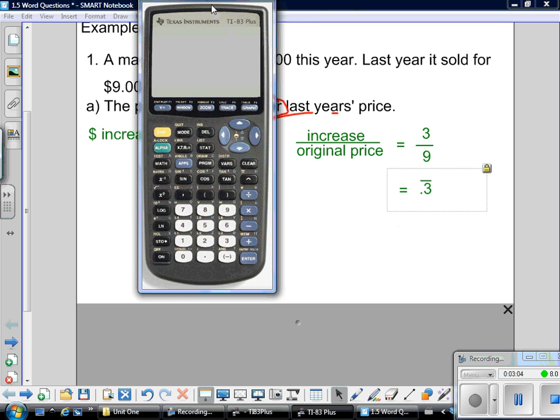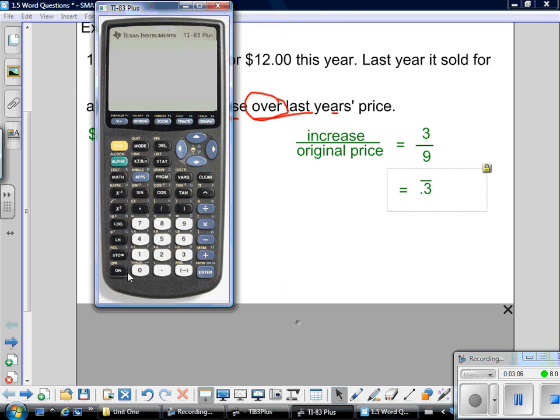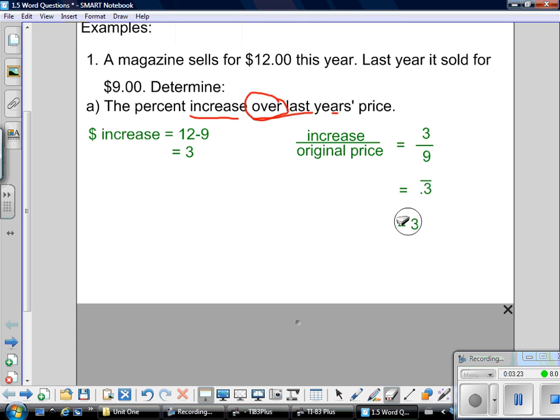That's like decimal 3333333 forever and ever times 100, and we end up with 33.3 repeating percent. Percent, we're going to leave to one decimal place, so that's what we're going to write down.